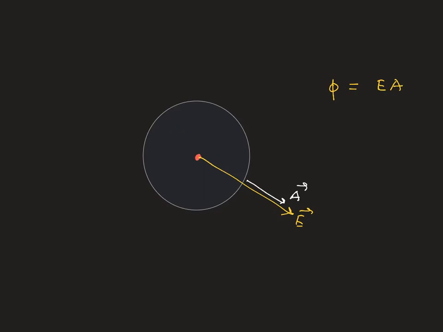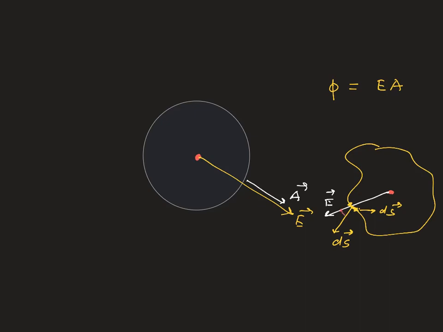But now if you have a strained surface like this, and in that strained surface you have a charge. For that charge you have a field like this, let's say here, and the area vector is like this. Let's consider this a small area, so this small area would be called ds, let's say. This is area vector ds, and this is your field, and the angle between them is theta.